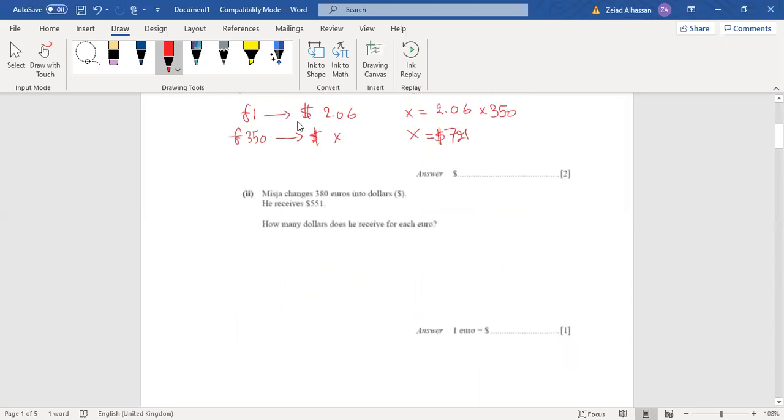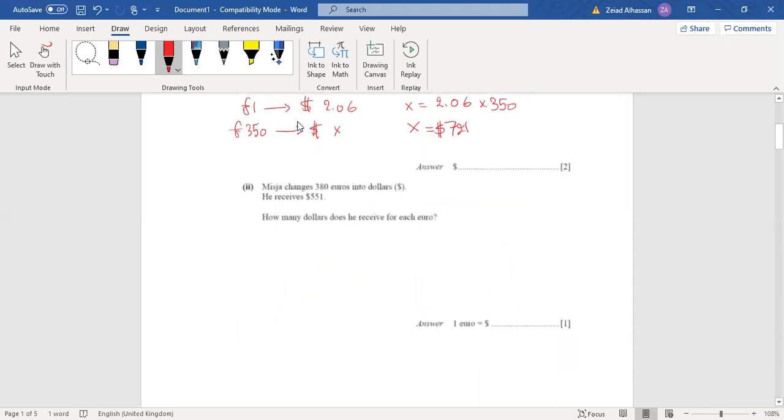The other question says, Mr. changing 380 euro into dollars, he receives this. So he changed the euros 380 into dollars, we have all the time to translate the word problem questions into numbers, and he received this dollar.